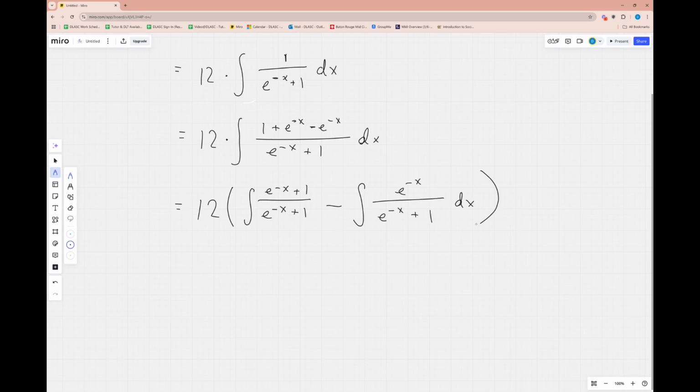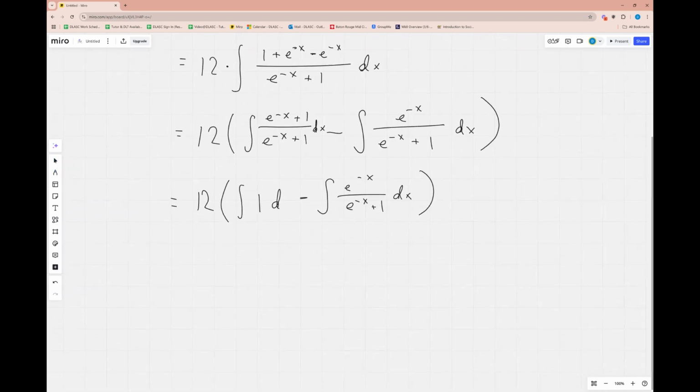Okay, and now it should be pretty clear that this reduces to the integral, oops, forgot my dx there, don't do that, to the integral of 1 dx minus the integral of e to the negative x over e to the negative x plus 1 dx, just like that.